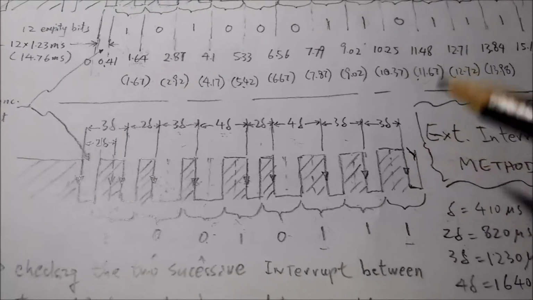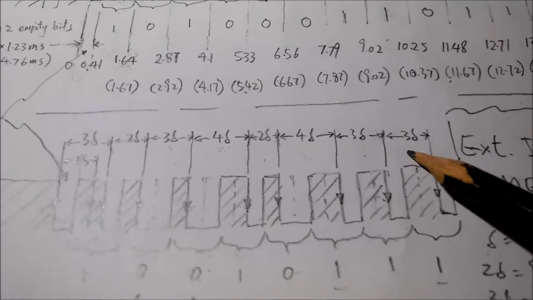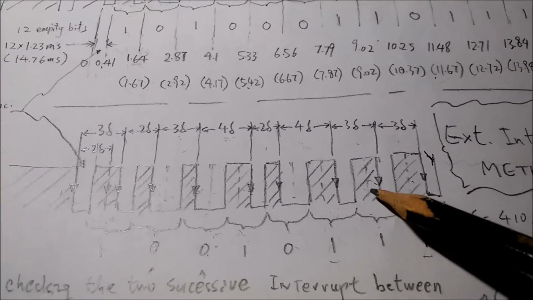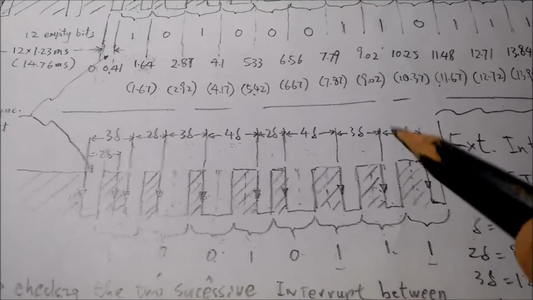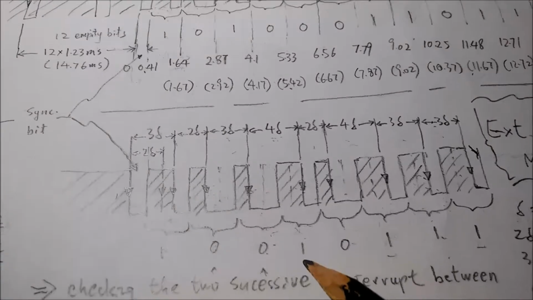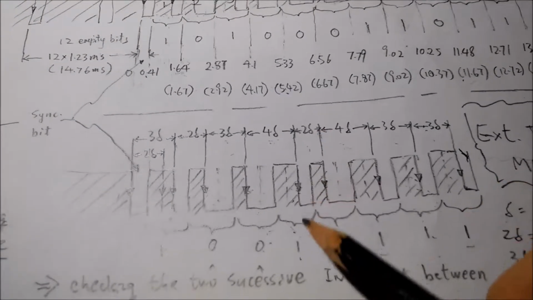This you can see here. This is 3 delta. The previous bit is 1. This 3 delta. But we see this 1 bit, these two falling edges are 2 delta.